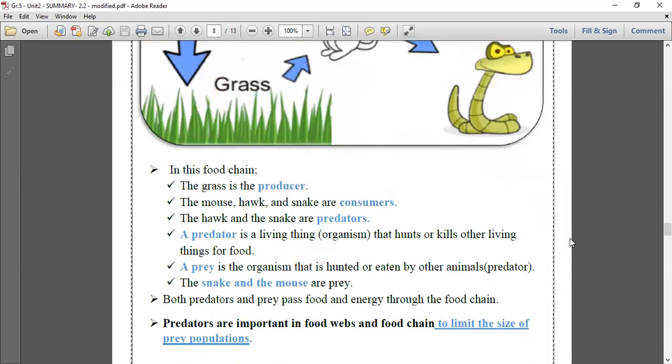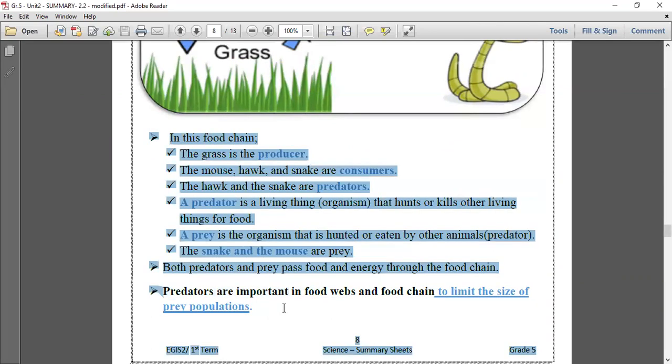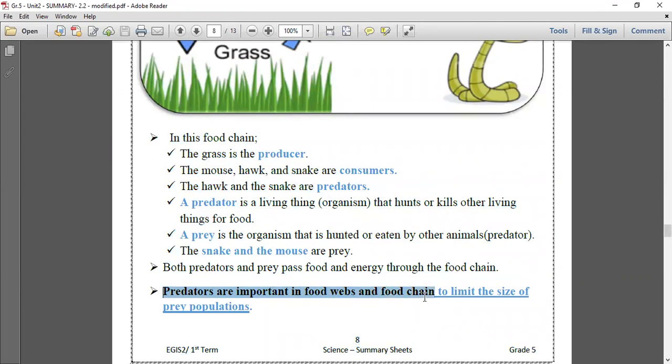I need you to listen carefully to the last sentence of this page. Predators are important in food webs and food chains because they limit the size of prey population. What does this term mean?